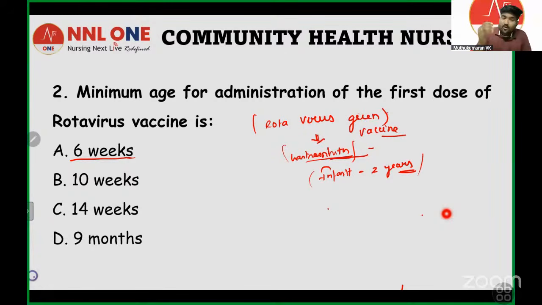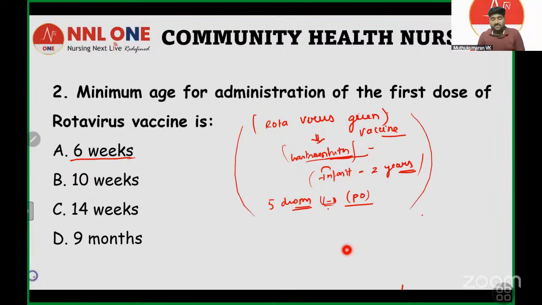What is the dosage we have to give? 5 drops, by the oral route. Never ever forget this because it is a repeated question. It is also included in the open vial policy. So what is this open vial policy?